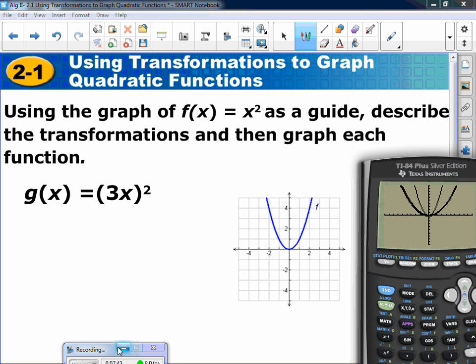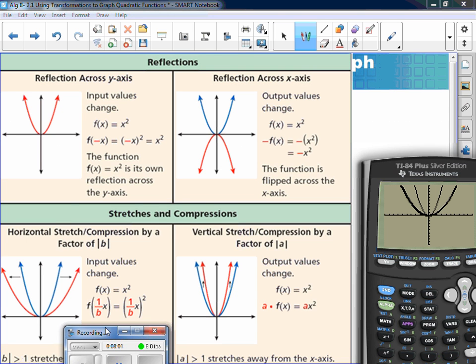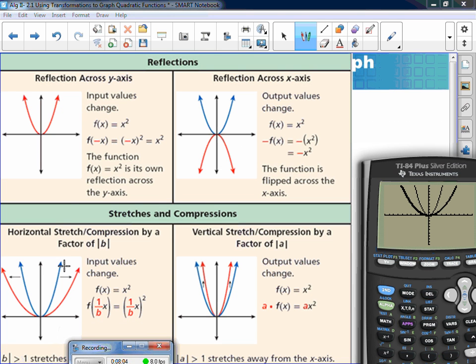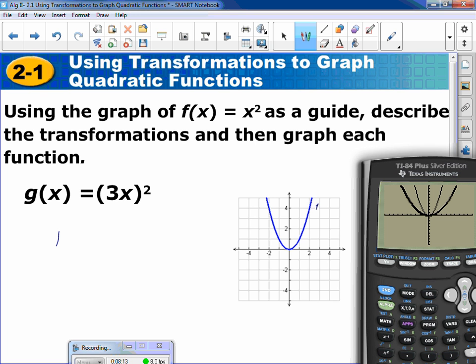Here I have 3x squared. Is my factor on the inside or the outside? On the inside, this is what we're looking at, horizontal. The difference between horizontal: the factor is 1 over b. So 1 over b is equal to 3.